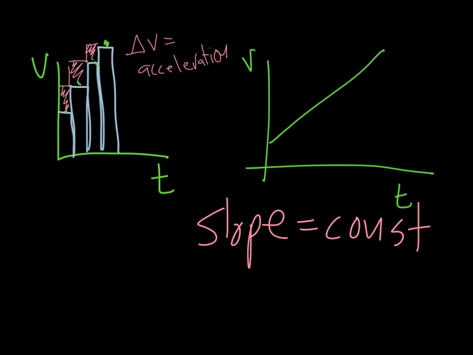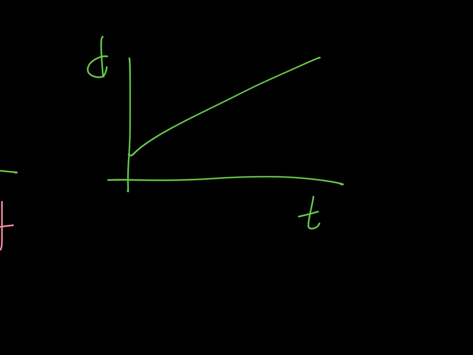Now, I want to remind us about what slope came from. The other day we started off with a distance time graph, and if I had a distance time graph that looked like this, does this have a constant slope? Yes, it does.